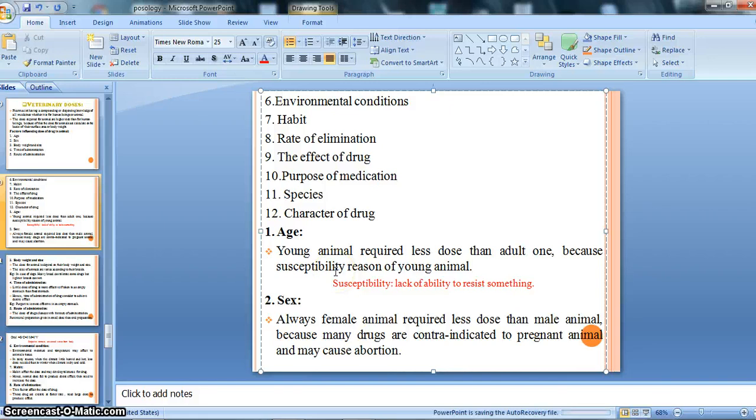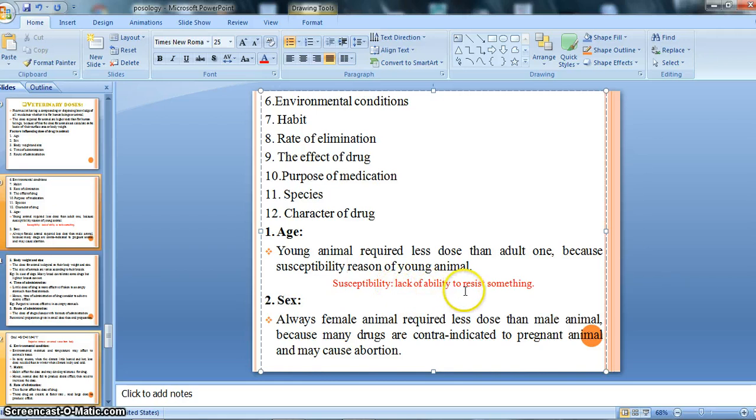Young animals always need a lesser dose for achieving the desired action or treating particular diseases than the adult animal. Adult animals means the bigger animals, bigger in age, or body weight, body surface. Young animals are more susceptible than adults.